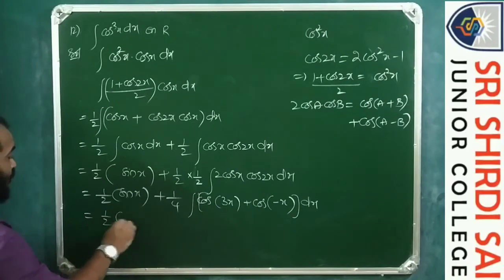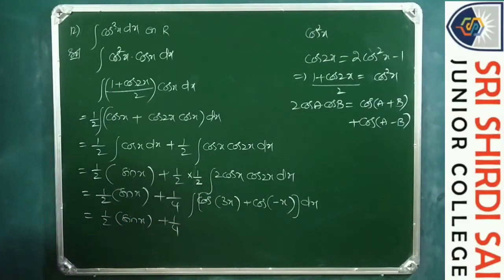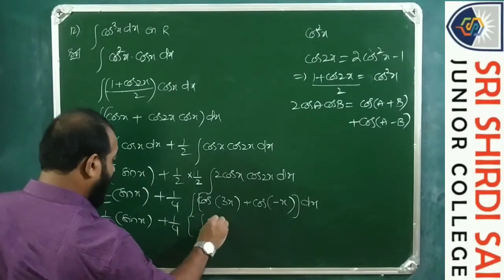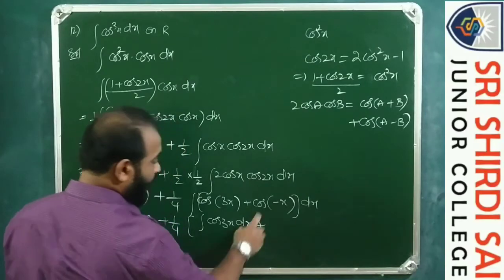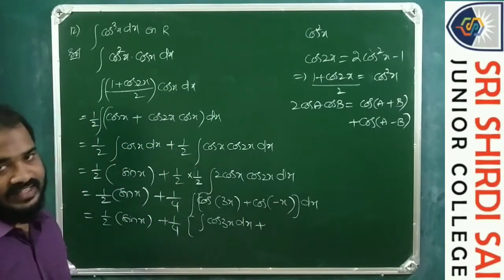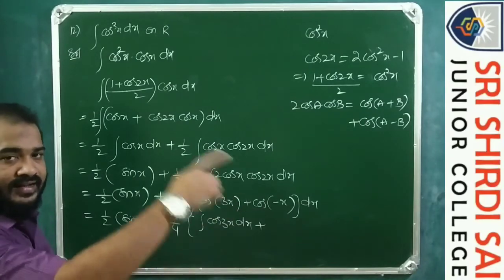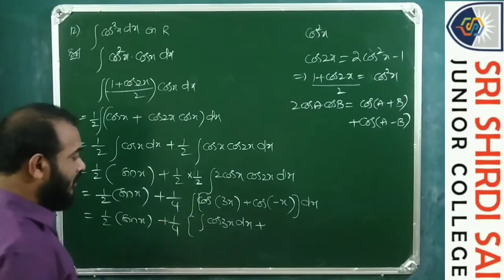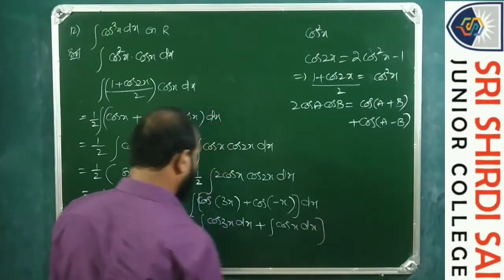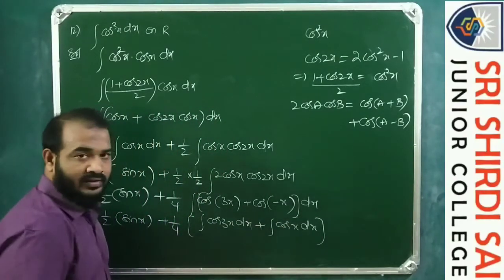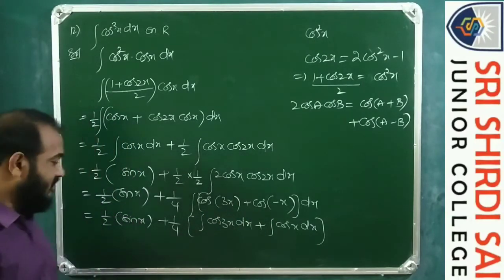So 1 by 2 sin x plus 1 by 4 integral cos 3x dx plus cos minus x, which is also cos x, because cos is an even function. That's what we have seen earlier in trigonometry in first year. So this is integral cos x dx; I have distributed the integral over these two integrands.